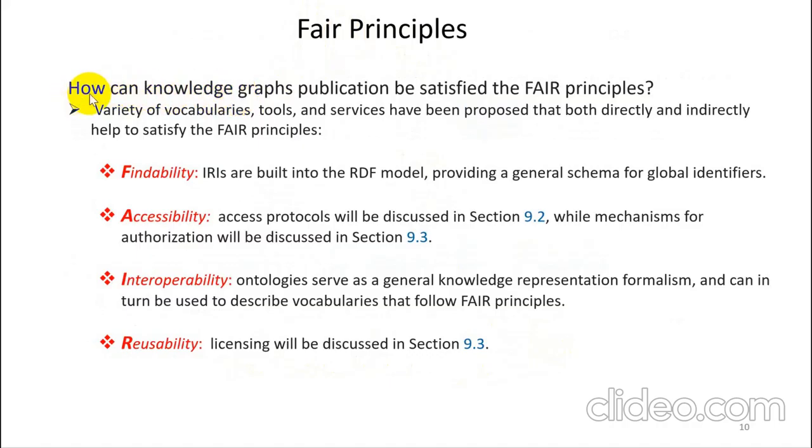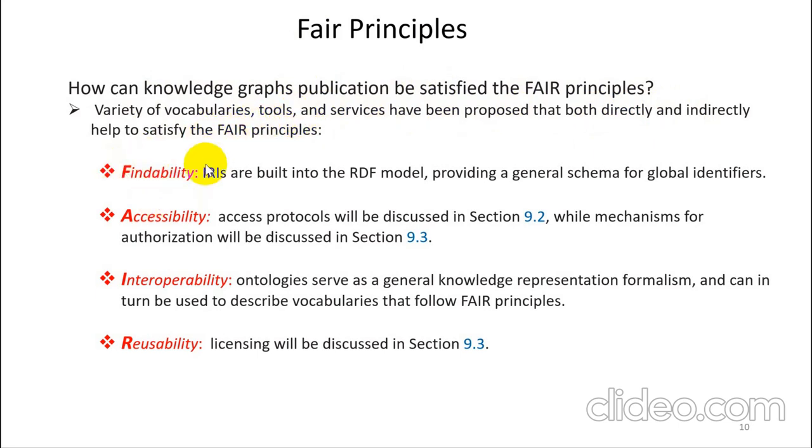The question is how can a knowledge graph application be certified as following the FAIR principles. A variety of vocabularies, tools, and services have been proposed that both directly and indirectly help to certify the FAIR principles.